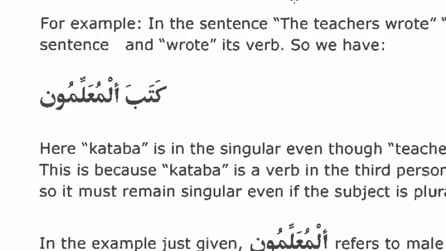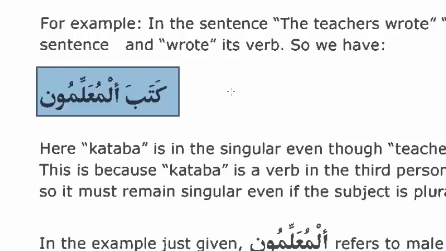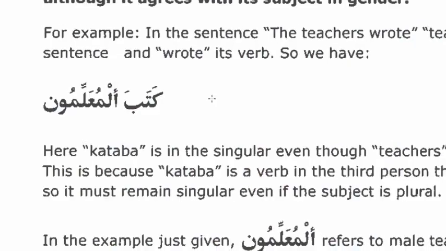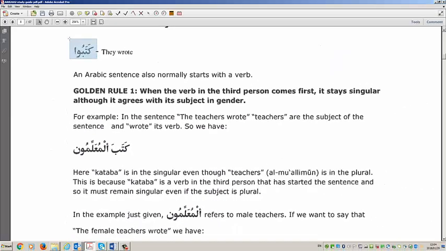This seems a bit complicated and takes getting used to, so let's give an example. When you say the sentence كتب المعلمون, it means "they wrote." Now you might ask, why isn't it كتبوا المعلمون? Because the waw and alif there make it plural.